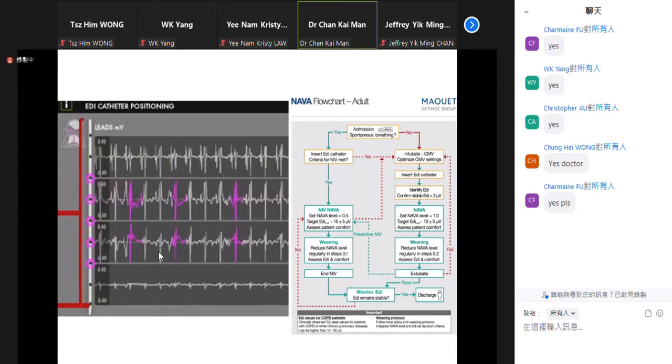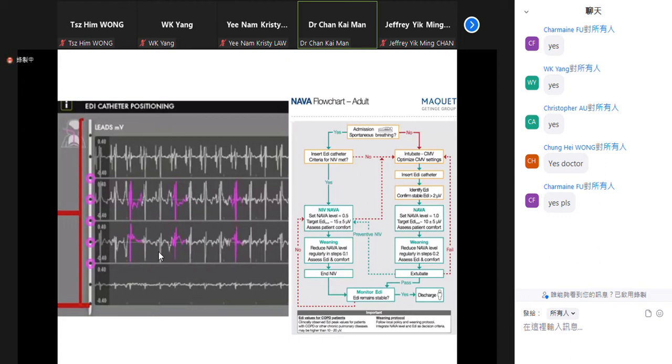And according to the industry recommendations, when you look at the left diagram along the path on the right: intubate, CMV, optimize CMV settings, then insert EDI catheter, then identify EDI, and then confirm stable EDI more than 2 microvolts.